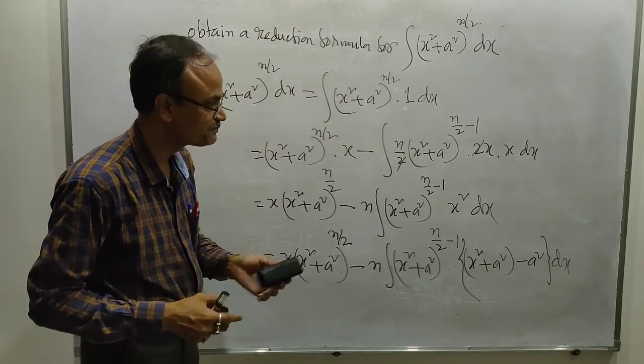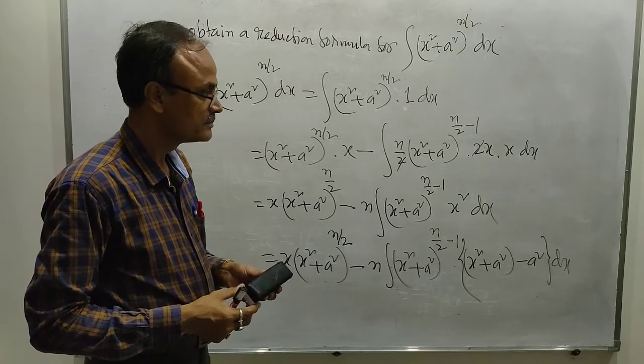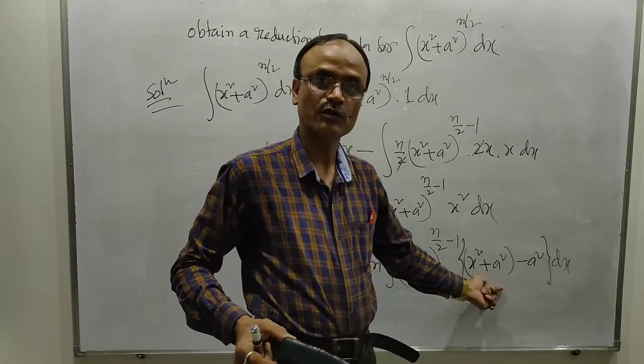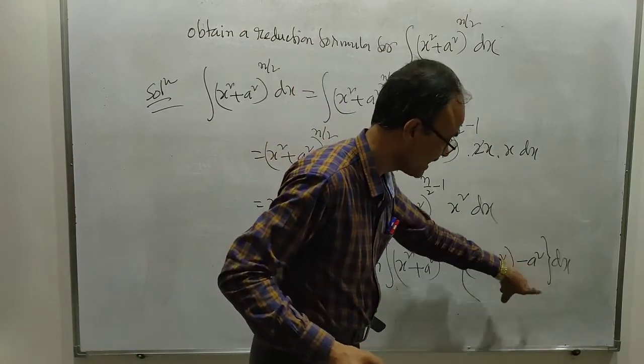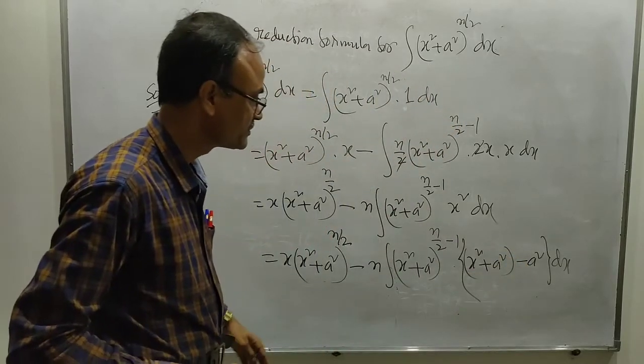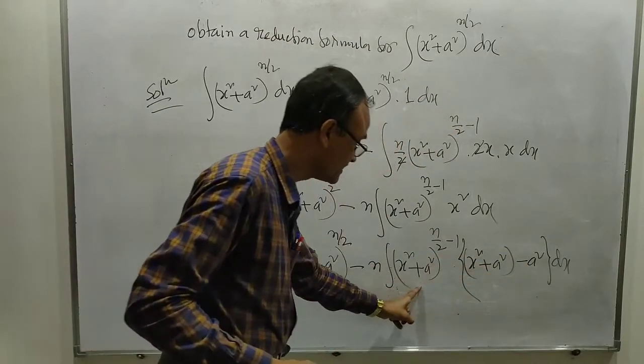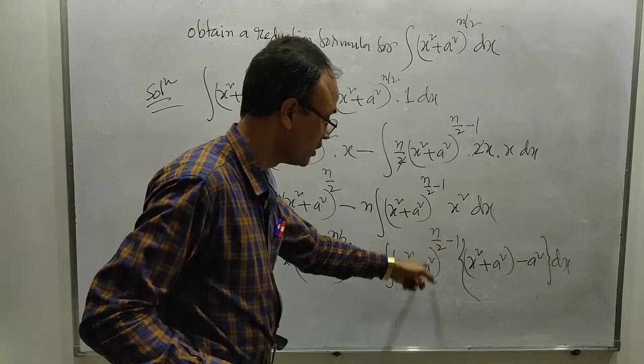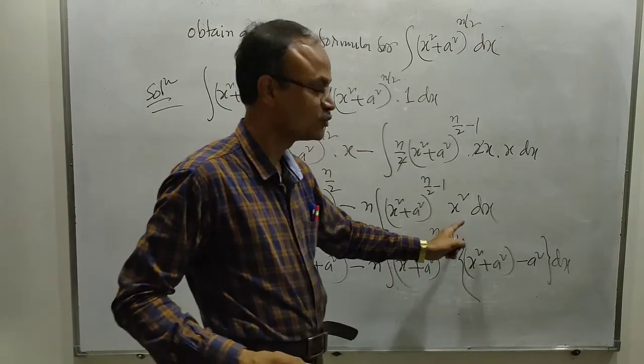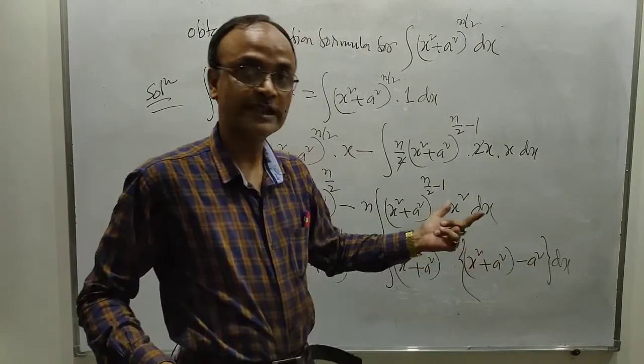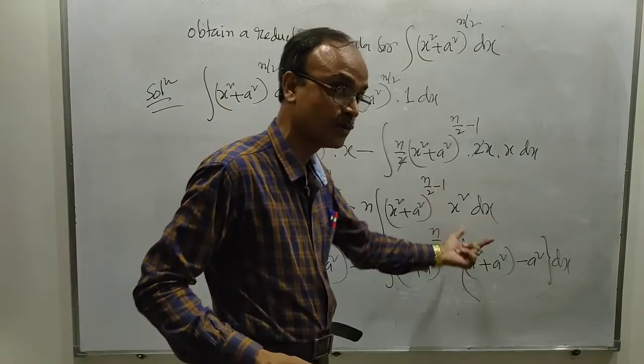In this way. Take x square plus a square as one term, the other term is minus a square. If you multiply this and this, it will be (x square plus a square) whole to the power n by 2 minus 1 plus 1. Consequently, you will get (x square plus a square) whole to the power n by 2.